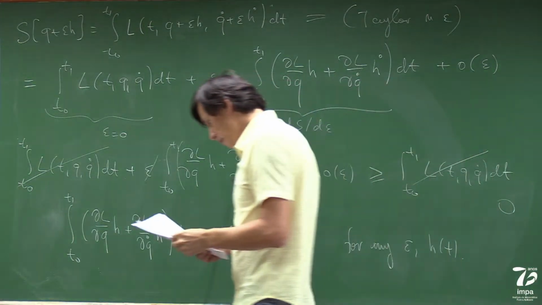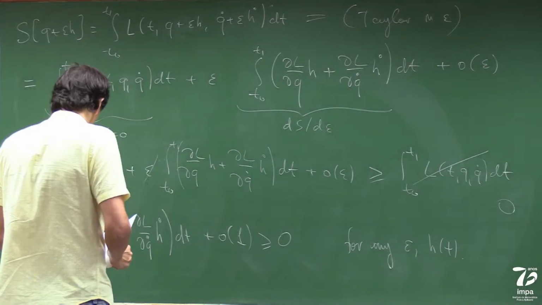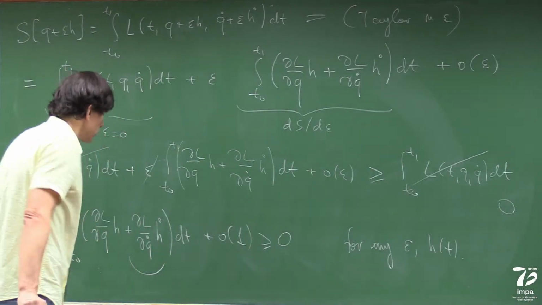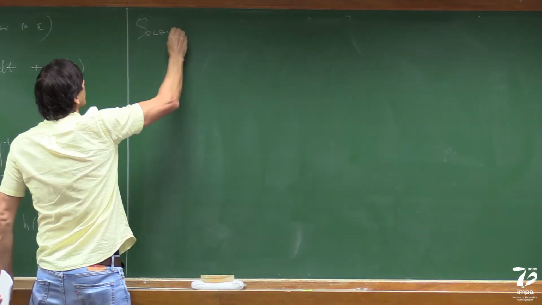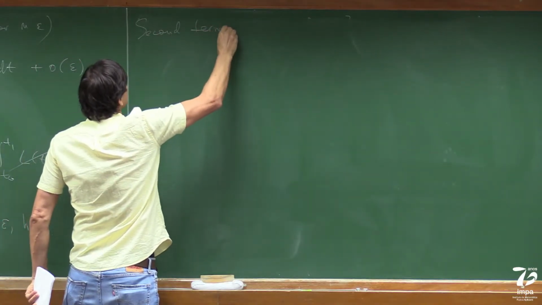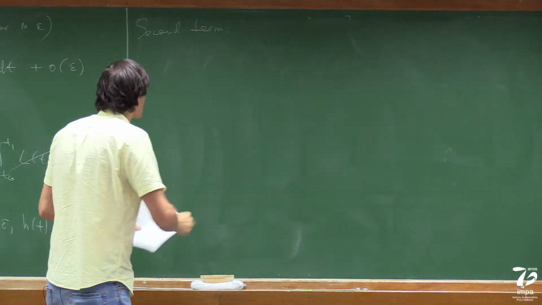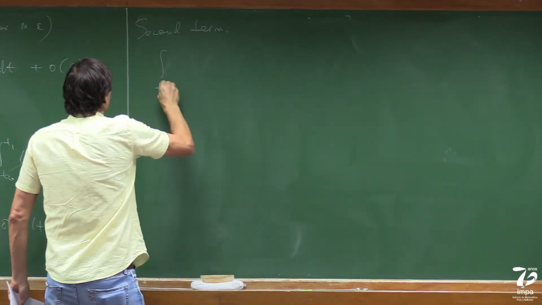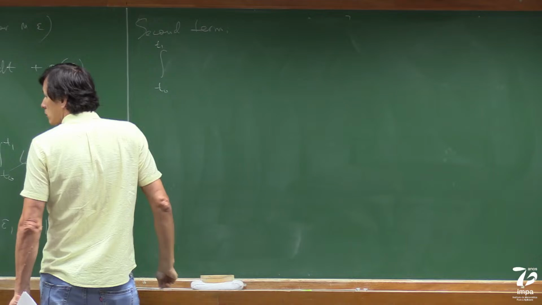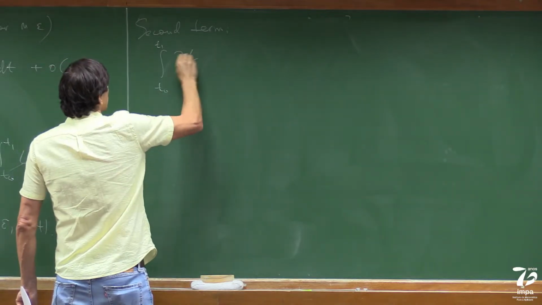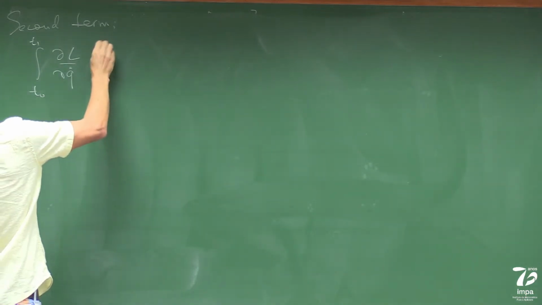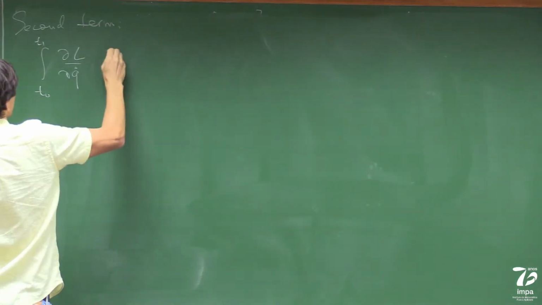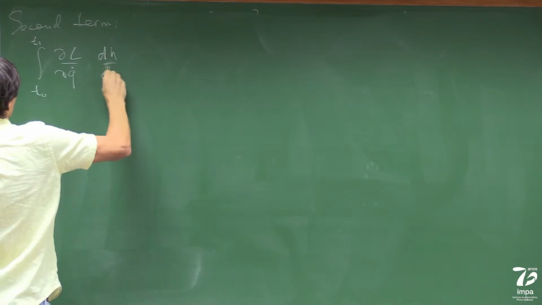Okay, the next step is we need to deal with this second term. So we take dL/dq dot times h dot. Let's write h dot in full.